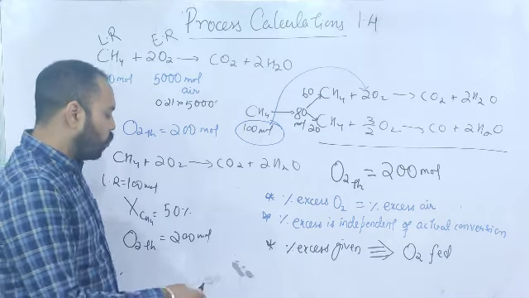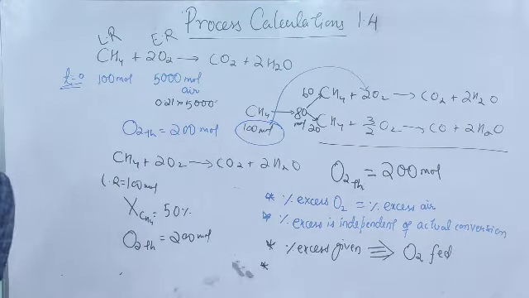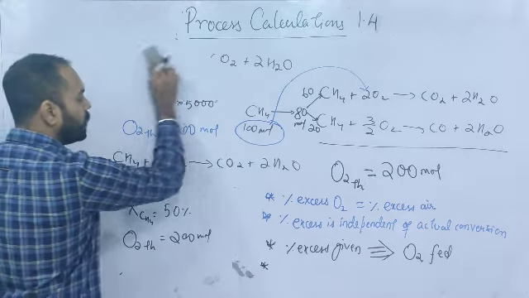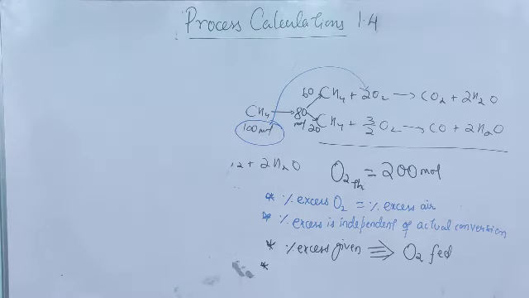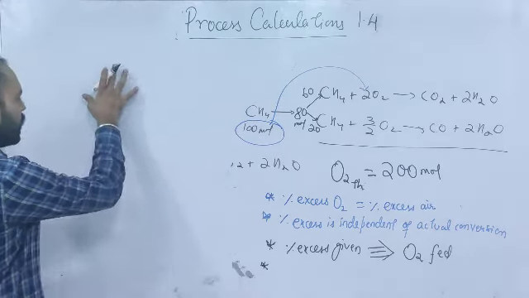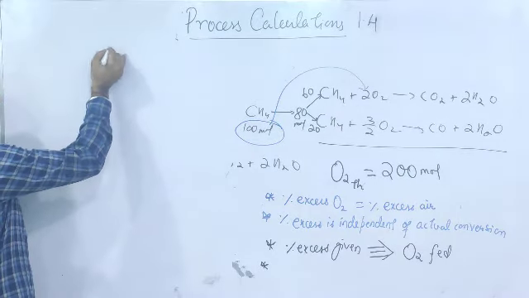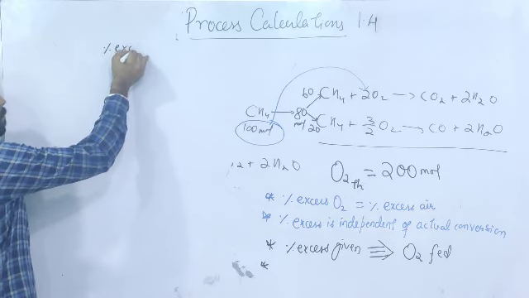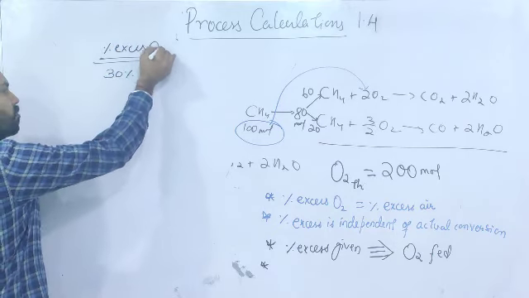I am giving you a shortcut method, and this method is just coming from the basic formula only. Suppose percent excess O2 is 30%.